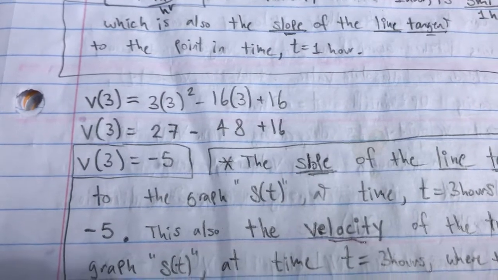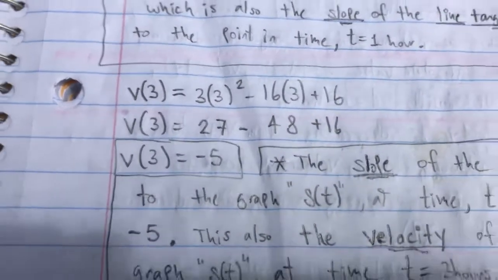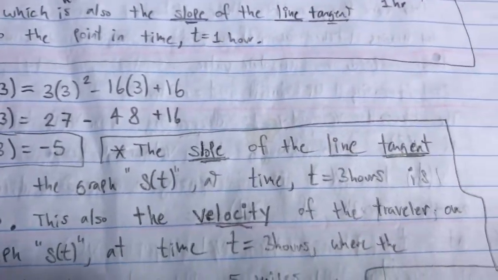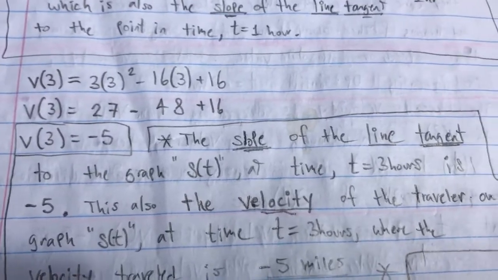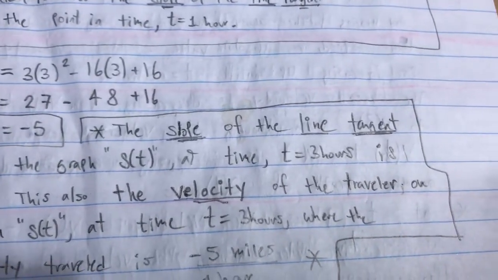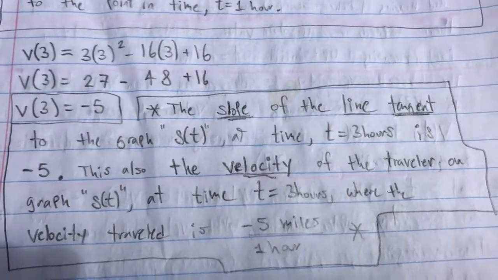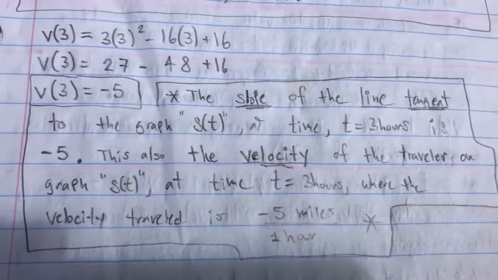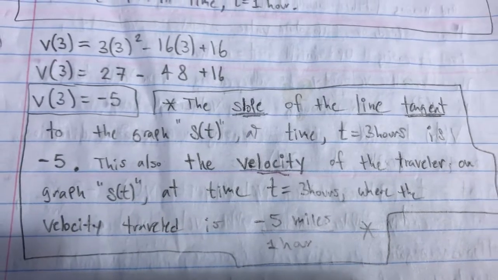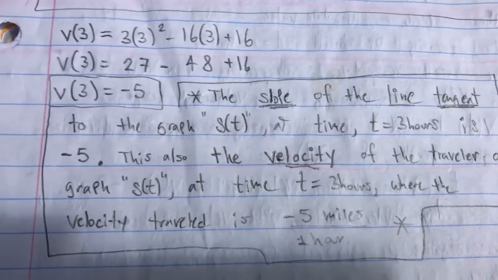V of 3 turns out to be -5 miles per hour. The slope of the line tangent to the graph s of t at time t equals 3 hours is -5. This is also the velocity of the traveler on the graph s of t at time t equals 3 hours, where the velocity is -5 miles per hour.